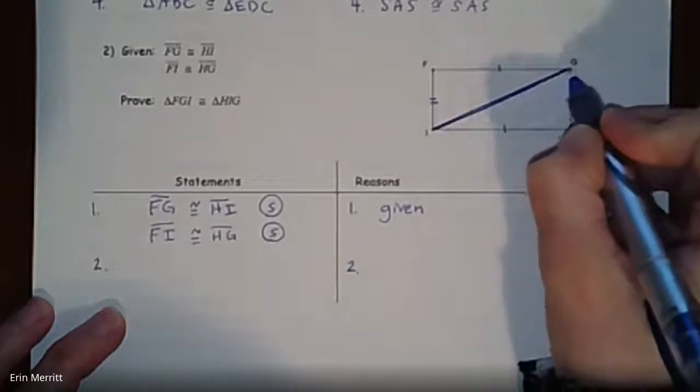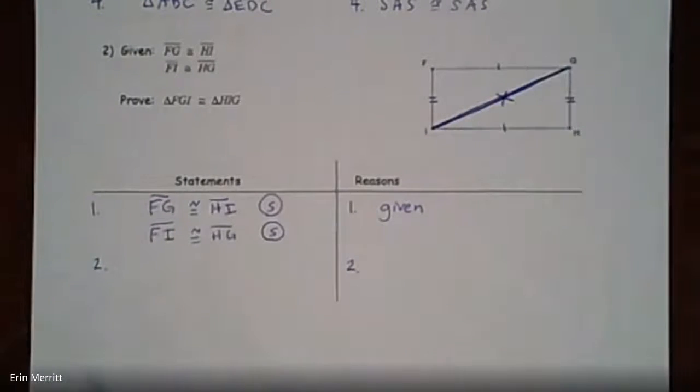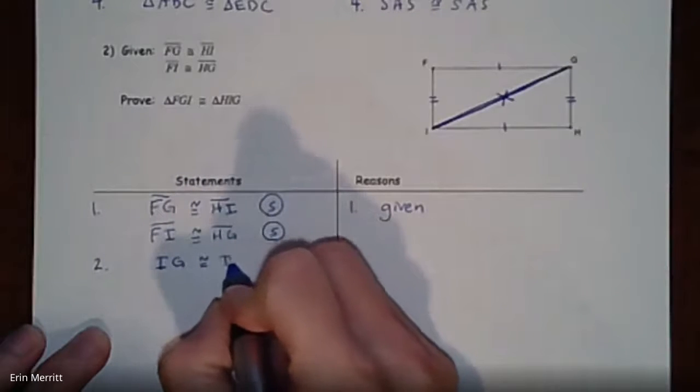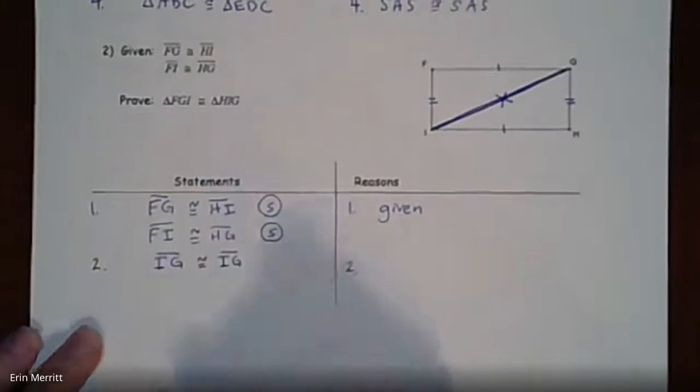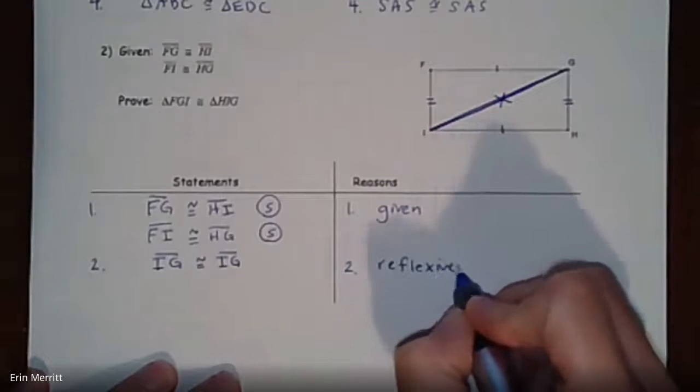That segment is part of both triangles. And so I put a little X over it to show that it's congruent to itself. If I state that, that gets me a third pair of sides. So we can say that IG is congruent to IG, or you can say GI, either way. And that's our reflexive property.